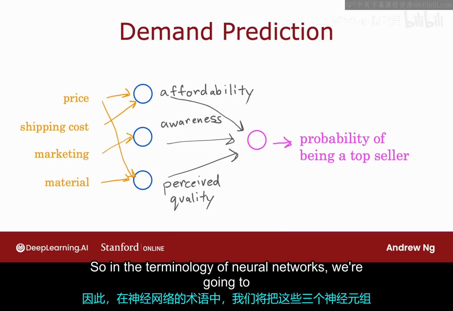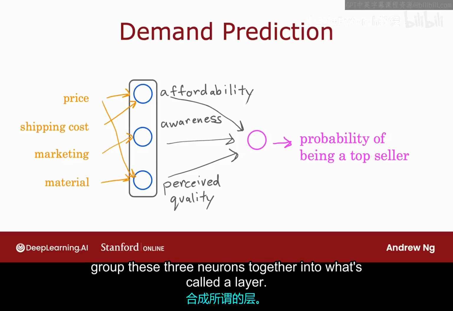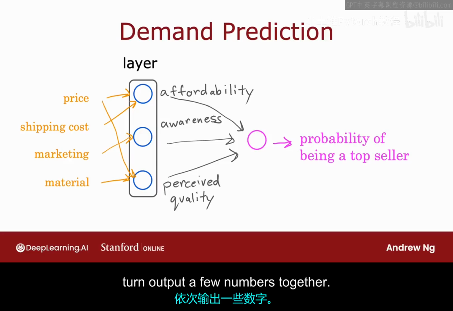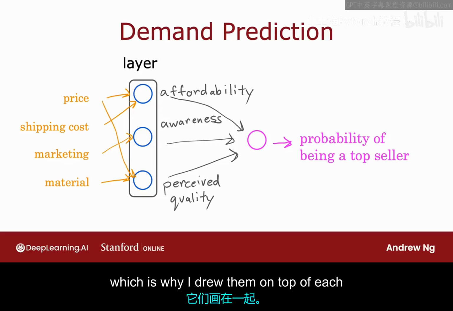So in the terminology of neural networks, we're going to group these 3 neurons together into what's called a layer. A layer is a grouping of neurons which take as input the same or similar features, and that in turn output a few numbers together. So these 3 neurons on the left form one layer, which is why I drew them on top of each other.